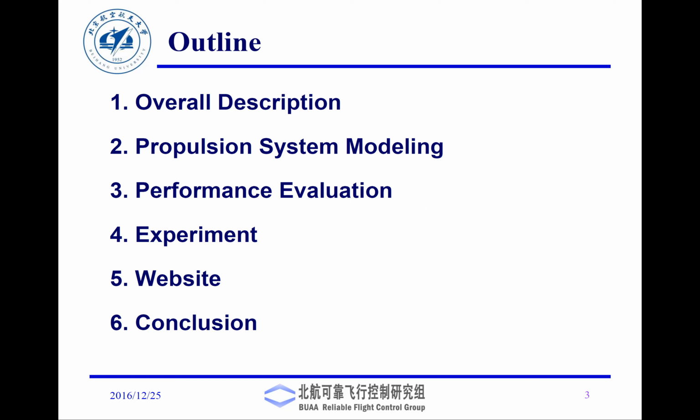These are the 4 important components of the propulsion system. Then how do we evaluate the performance of that propulsion system? And then we need to make sure that the propulsion system is capable in all the flight modes. Believe it or not, the quadcopter or the multicopter has different flight modes.